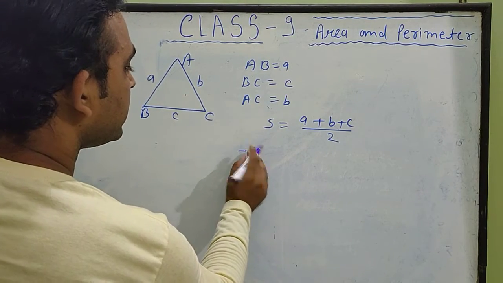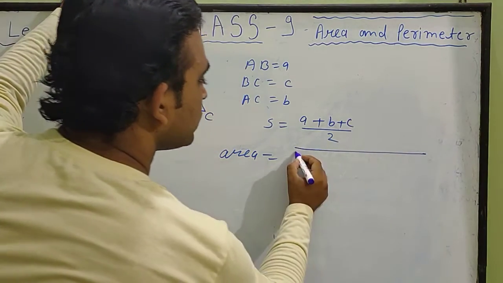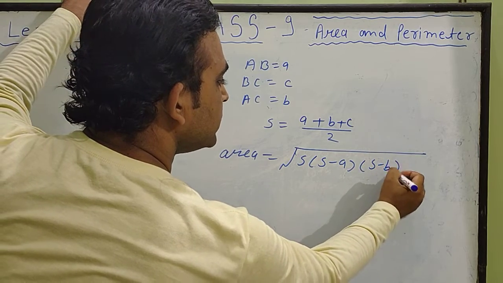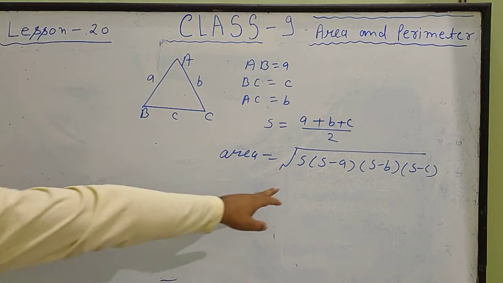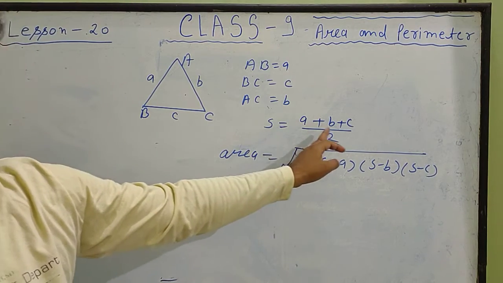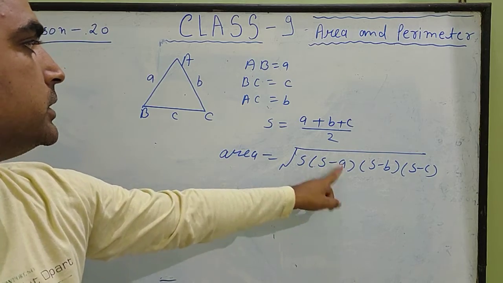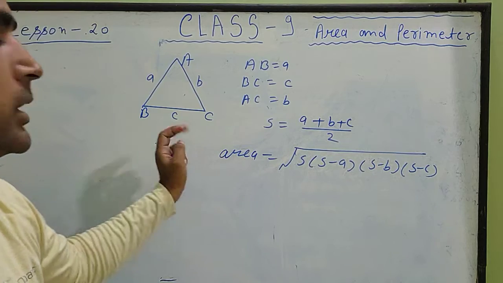Now we find the area by Heron's formula: root of s into s minus a, s minus b, s minus c. This is the formula of area of triangle. S is equal to what? S is the half perimeter, and s minus a means the first side, b means second side, and c means third side.